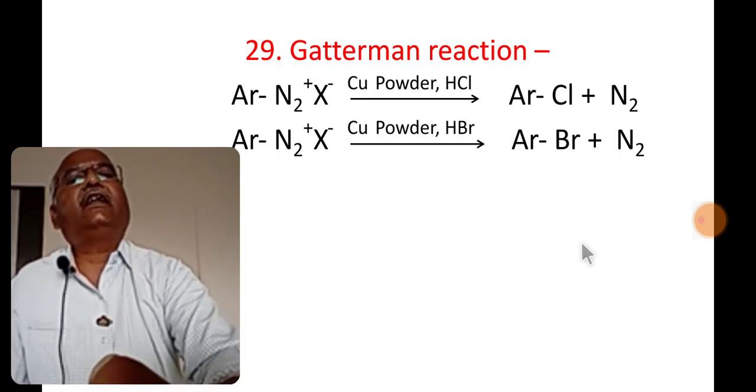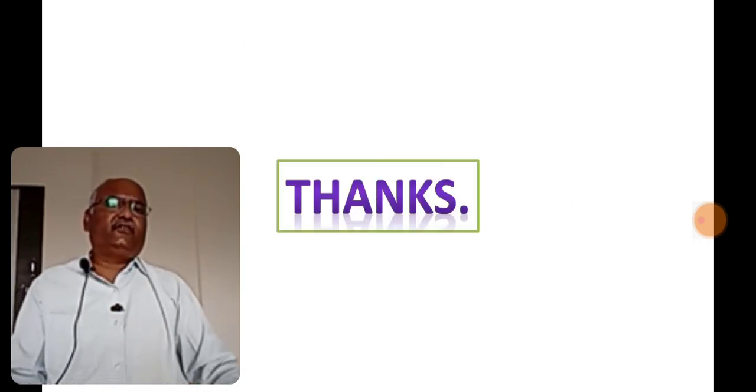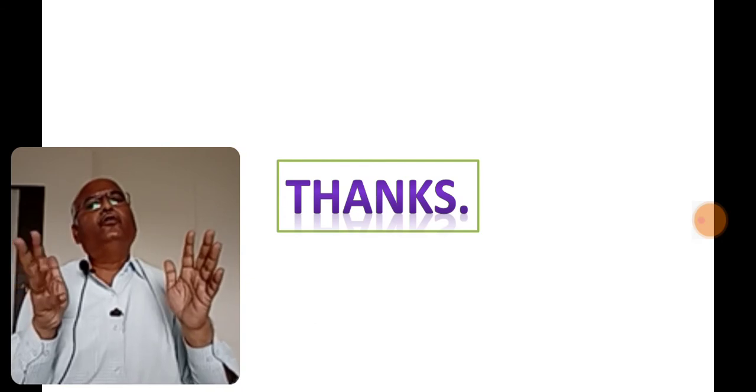So these are some naming reactions which are included in your 12th science chemistry textbook. Of course, there may be some more reactions, but I have selected these reactions. This video will be more useful after completion of your study of the first 4 topics of organic chemistry.